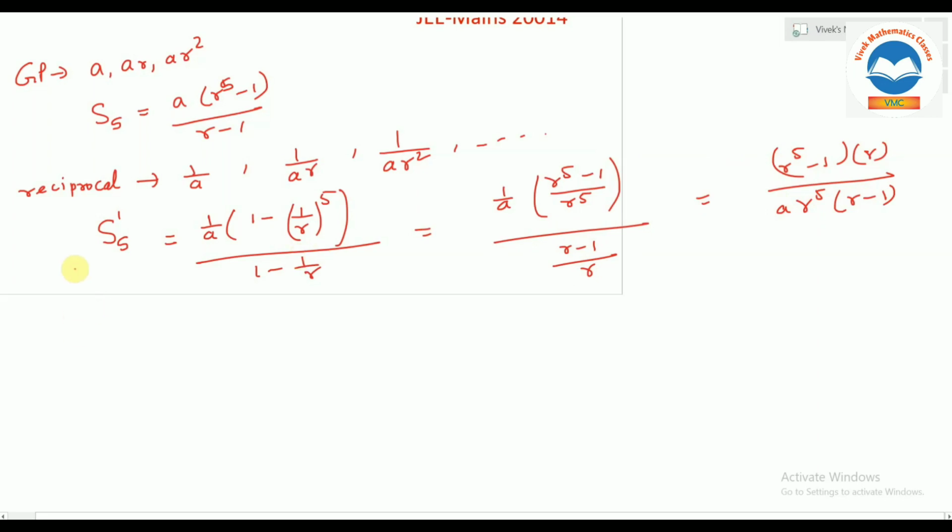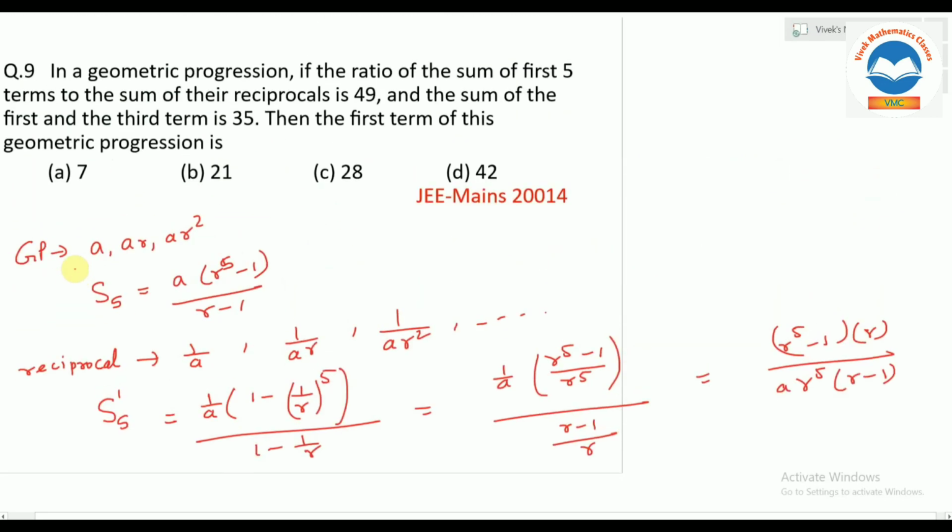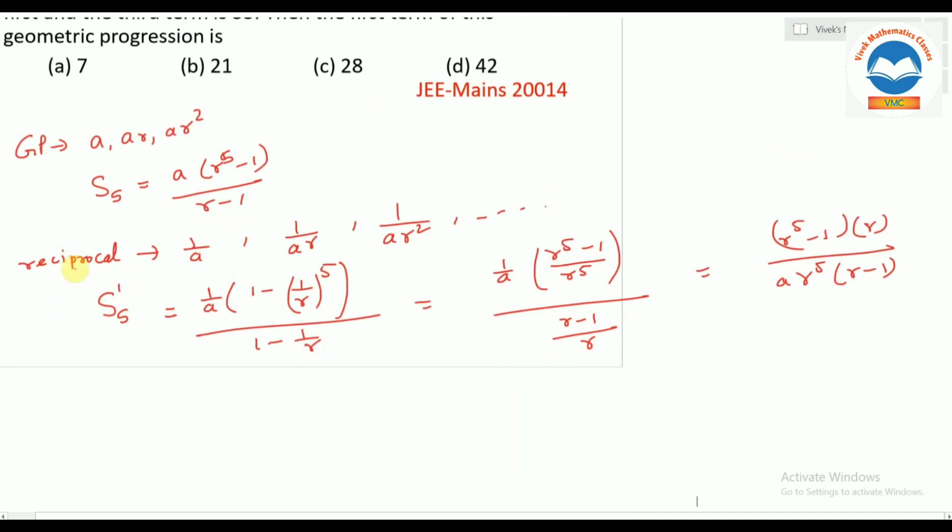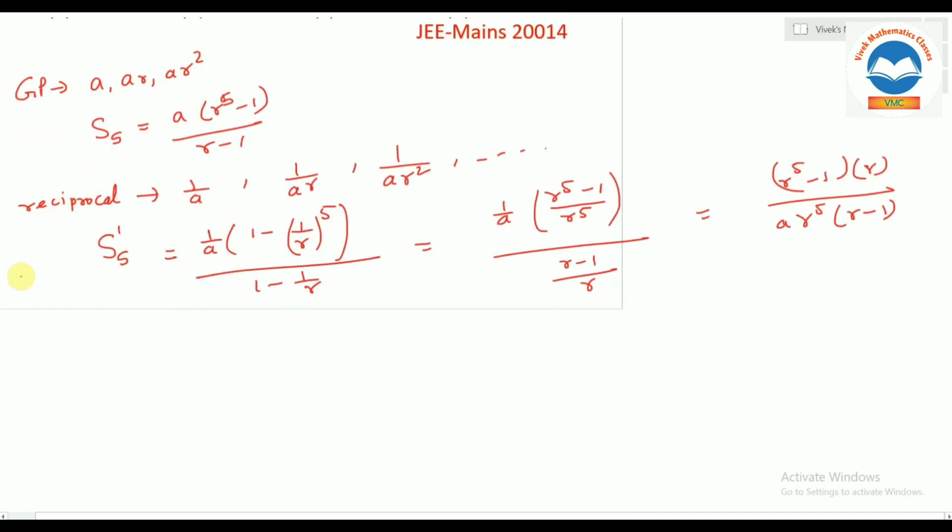So this ratio, how much have they given? 49. It means S5 divided by S5 dash, this value they have given as 49. So what will this be? a into r to the power 5 minus 1 divided by r minus 1, and the whole divided by, what is this one?